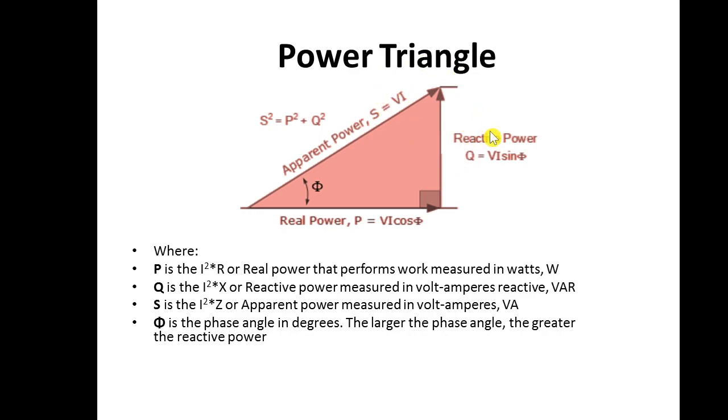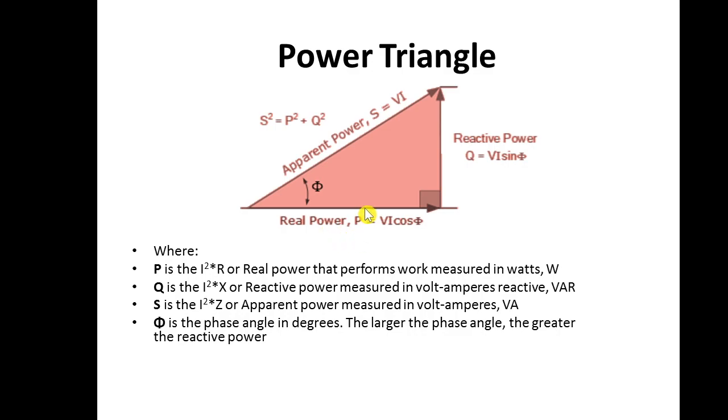Here we can say that it is the relation between real power, reactive power, and apparent power. Now these are the three types of power. This real power is also called true power or active power.